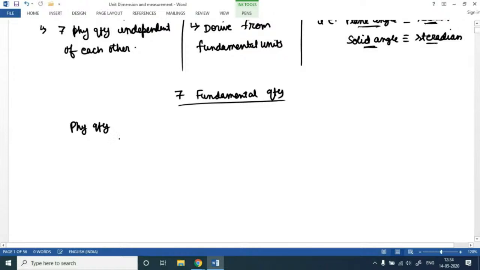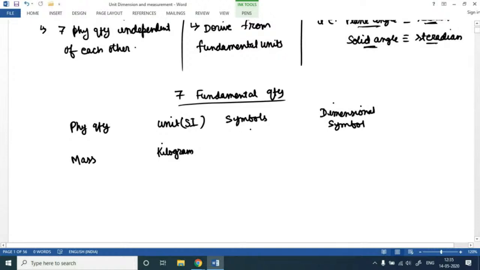In the first column I will write physical quantity, in the second column their corresponding units, in the third column we will write their symbols, and then we will use a fourth column where I will put the dimensional symbol. The first fundamental physical quantity is mass, and its SI unit is kilogram.